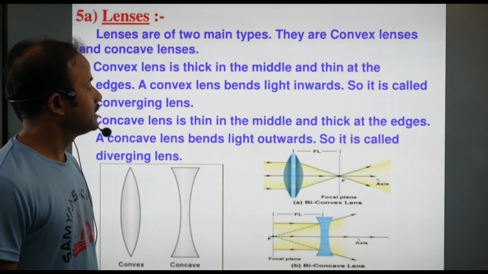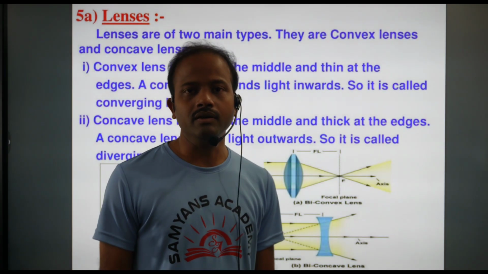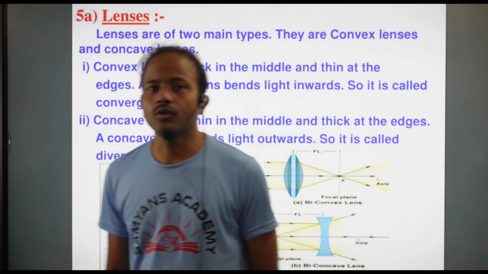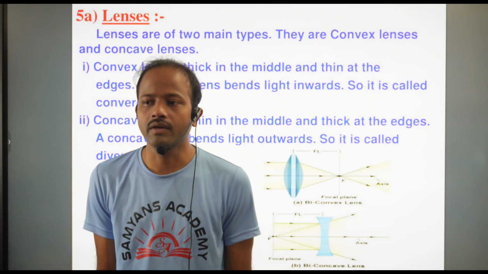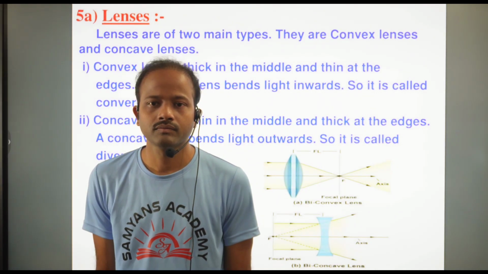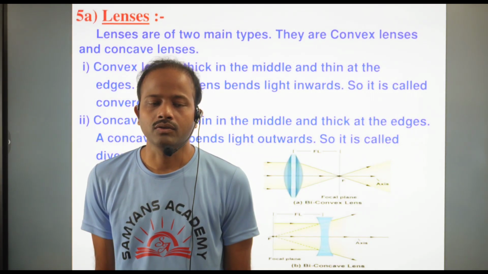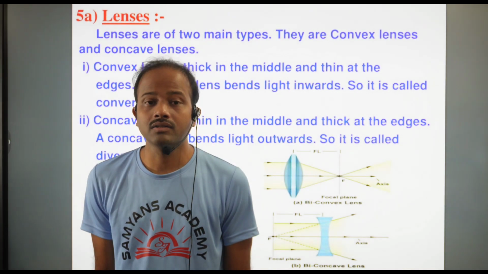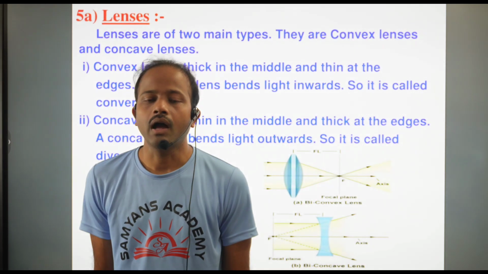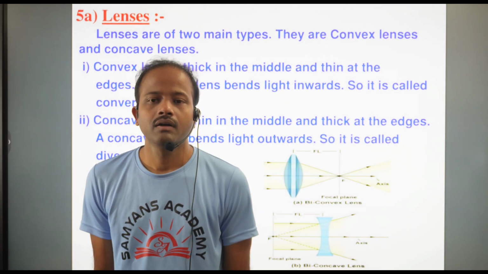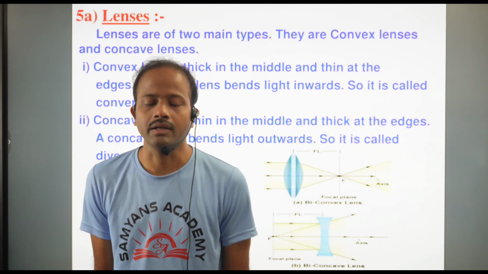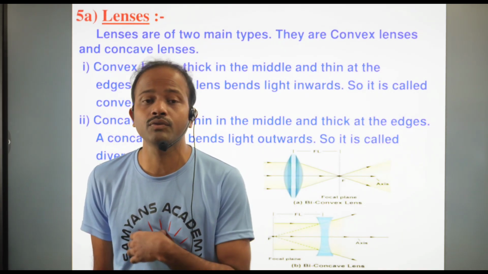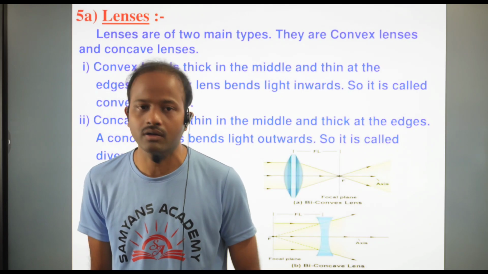Okay, these are the uses of concave and convex mirrors. So where can we use the concave mirror? The dentist can use the concave mirror to see enlarged teeth. And torch lights and headlights. The convex mirror we use as a rear view mirror, not concave.